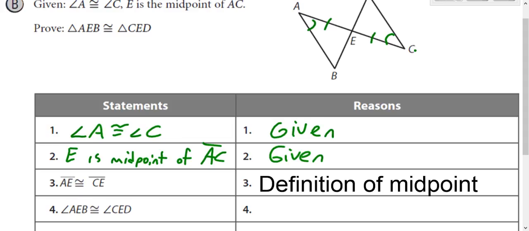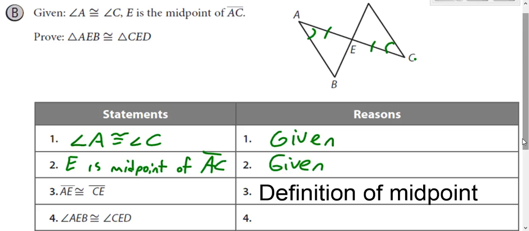Next, step 4 says angle AEB is congruent to angle CED. AEB, this angle, is congruent to angle CED, which is right there. Now that was not given to us, but it is in the picture. We can see that those are angles that are across from each other.